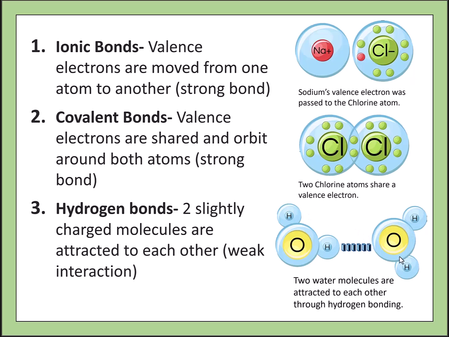And the oxygen side of the water molecule is slightly negatively charged, and that's true for all the water molecules. So this positively charged side is going to be attracted to the negatively charged side of another water molecule, and this is a weak interaction. It's not involving valence electrons, it's just an attraction of charges.